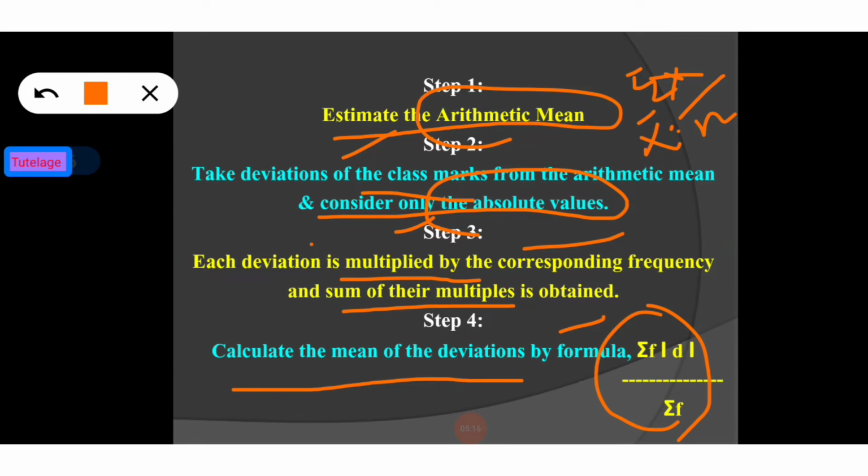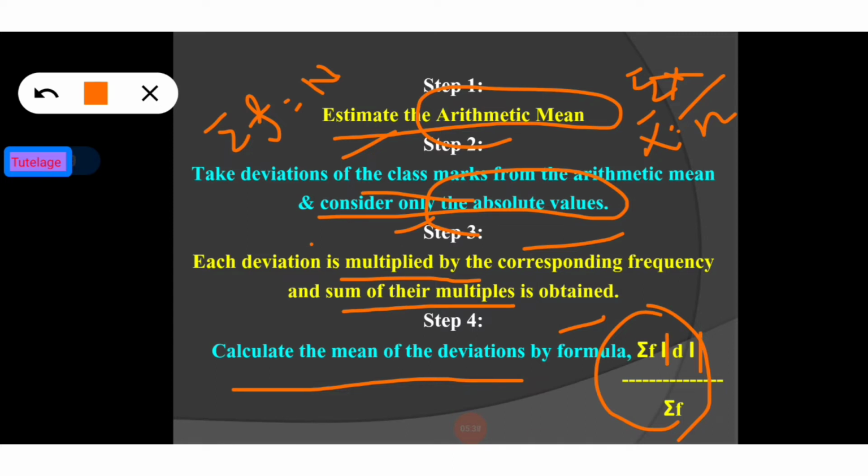Summation f is equal to the total frequency, the total number of observations, which is denoted by capital N, not small n. And this is the mod value.